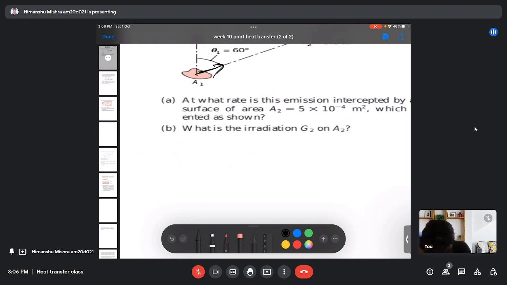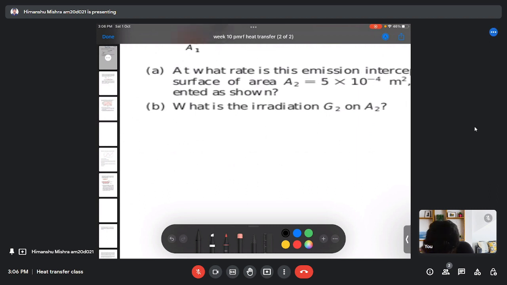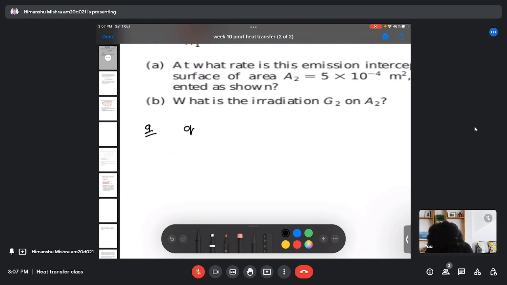For the rate of the emission, we know that it can be given by the following, where my radiation is going from 1 and incident on 2.